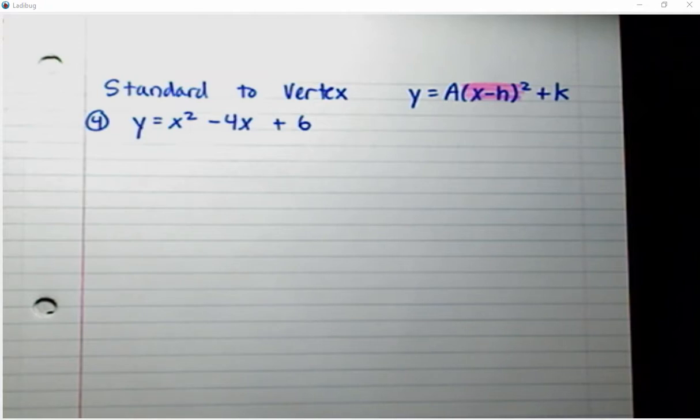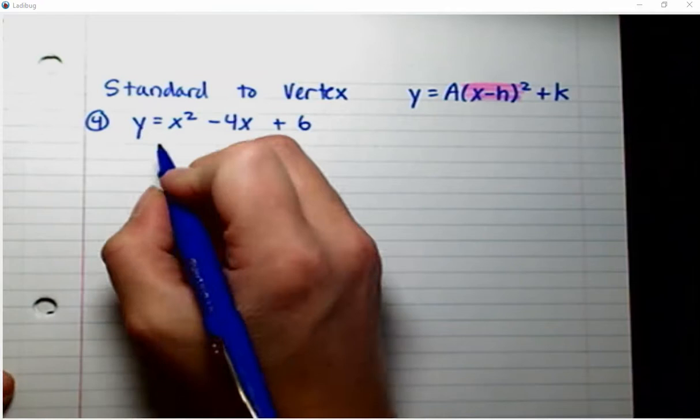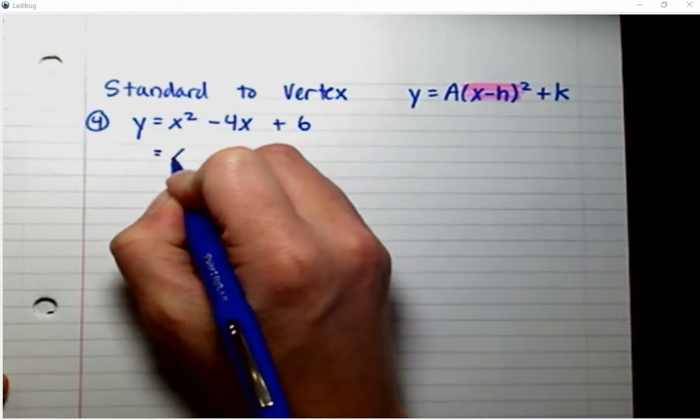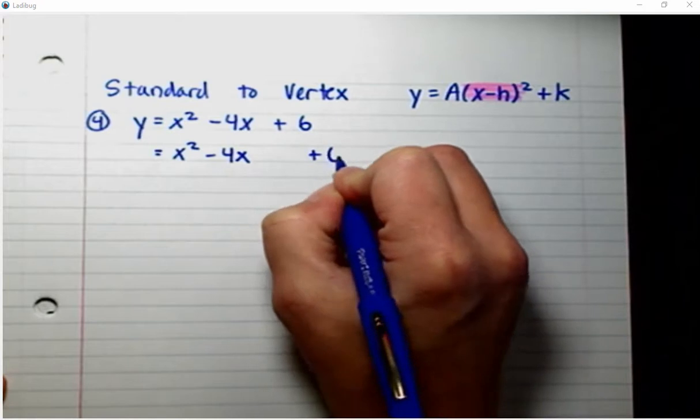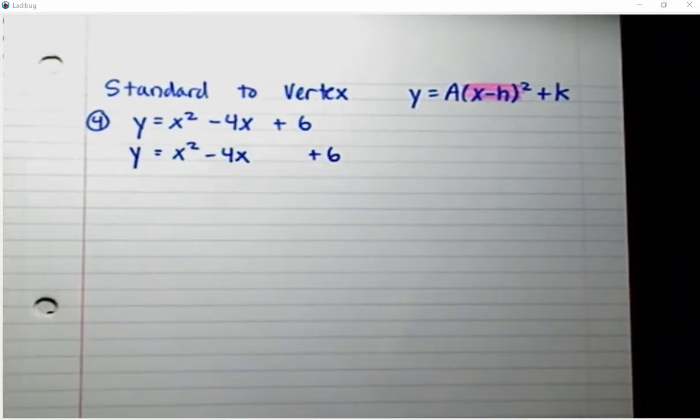Okay, so if you have a second color, you're going to want it. So I'm going to write this, x squared minus 4x, space. Okay, y equals. Now, it is important that you look at every line, and every line is equal to the line before it.